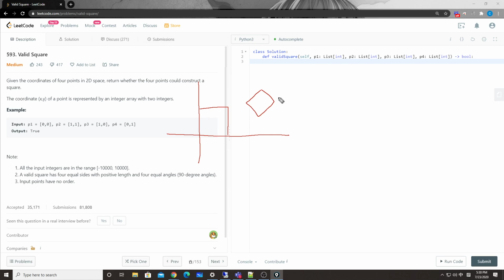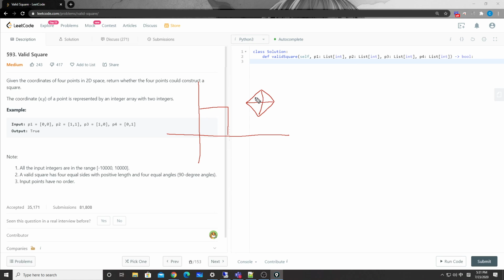Second, the diagonal and anti-diagonal, those two diagonal lengths also need to be the same, right? With those two conditions, we can be sure this is a square.